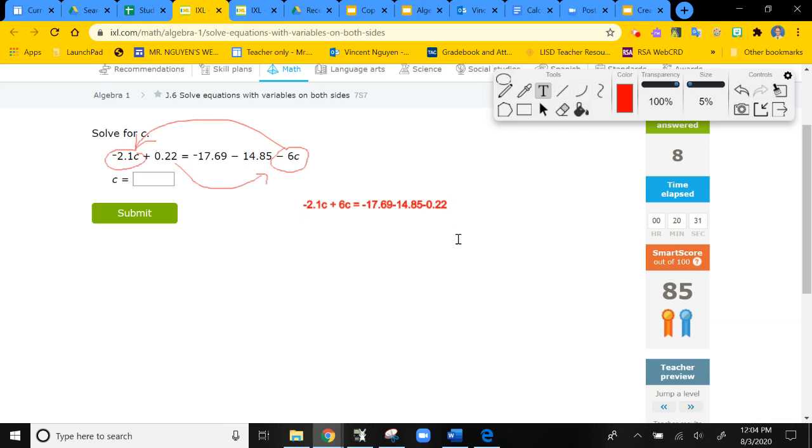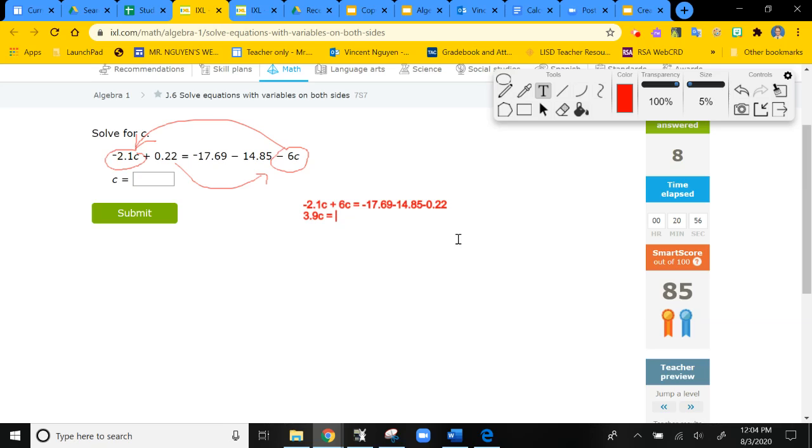I'm going to do this on my calculator and not the screen because I can type it a little bit faster. For the first one, I got 3.9c equals, and then the other one: negative 17.69 minus 14.85 minus 0.22.